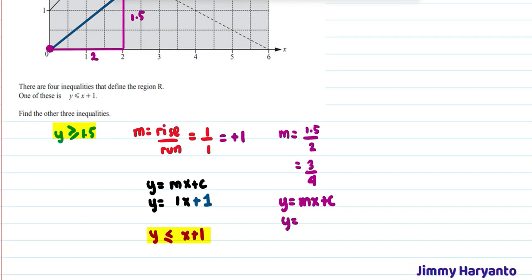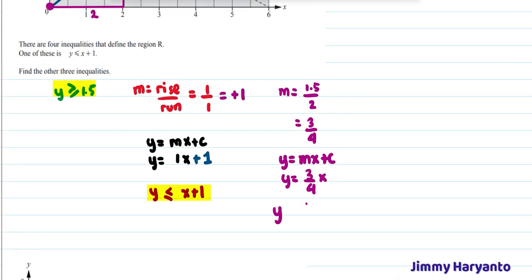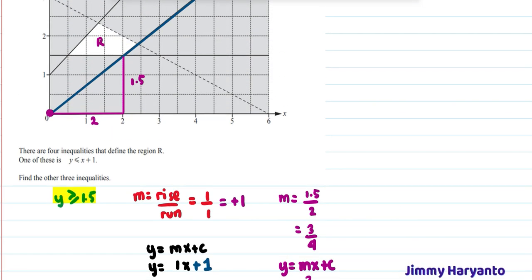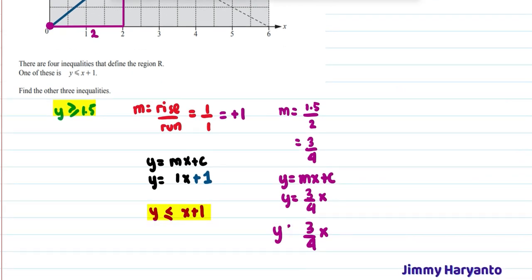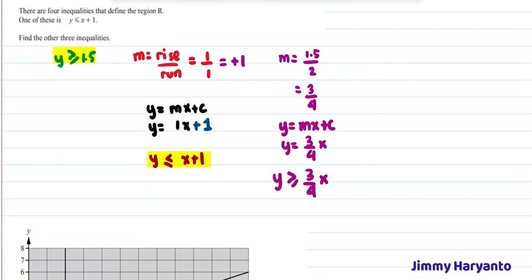So y equals 3 over 4 x plus 0. You don't have to write down plus 0, just leave it like this, and then we will determine the less than or greater than. Because the region is above the line, it has to be greater than or equal to, like that. Okay, this is the second one.